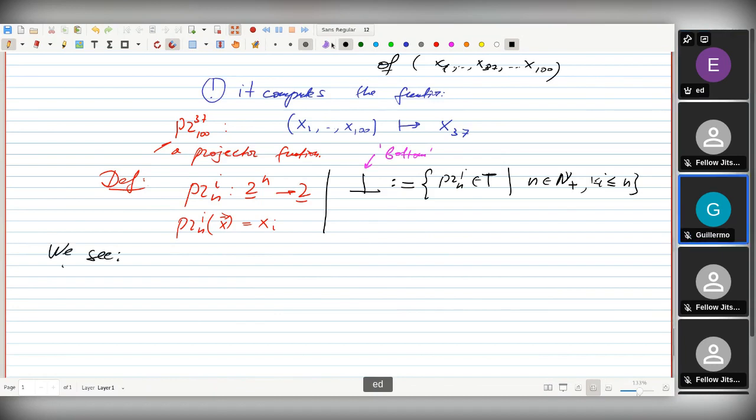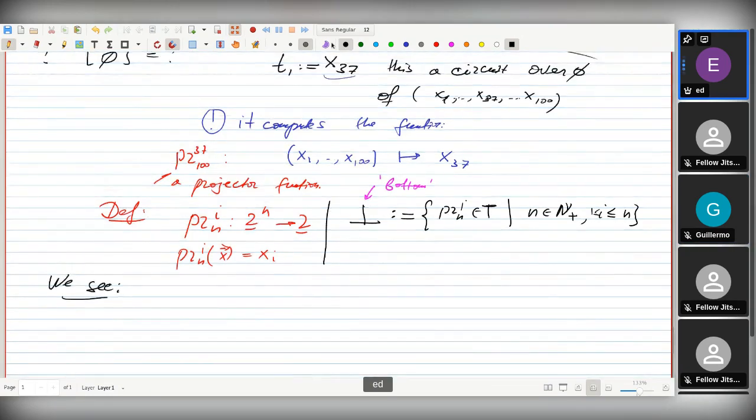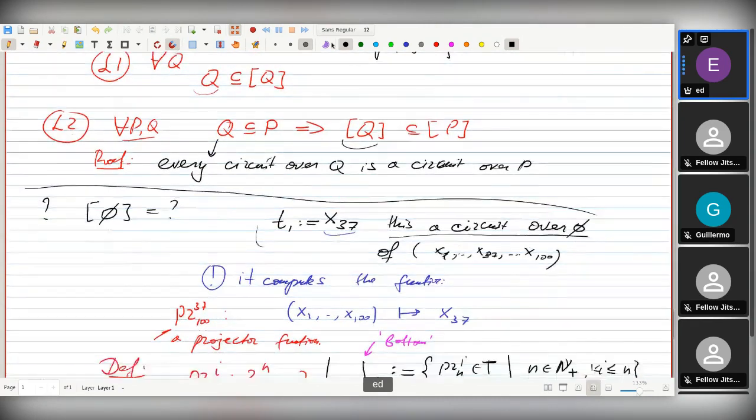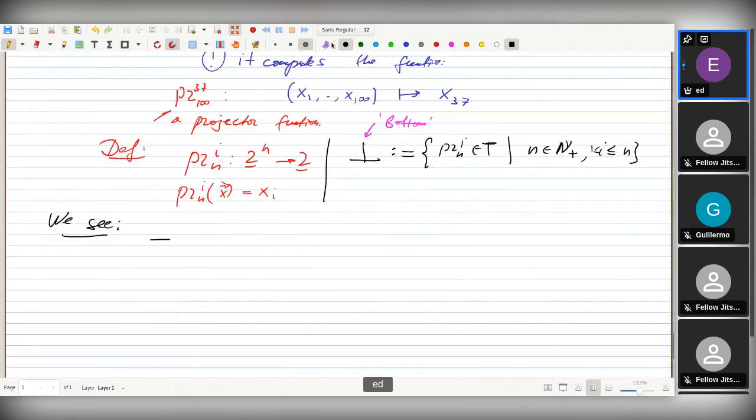Yes. We see that every projector is computable with a circuit over nothing, over the empty set. So this set of projectors is included into the closure of the empty set. Is it clear? Yes. But can we compute anything except projectors?